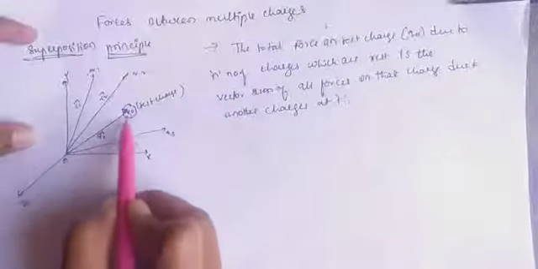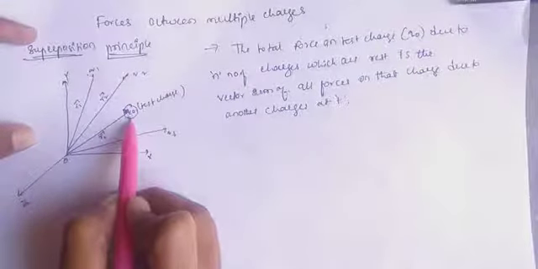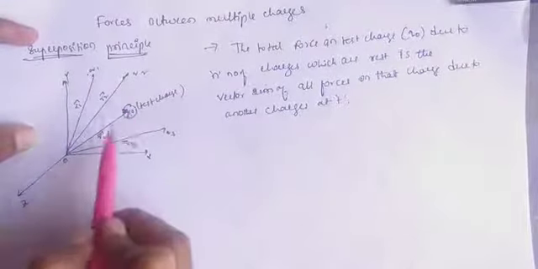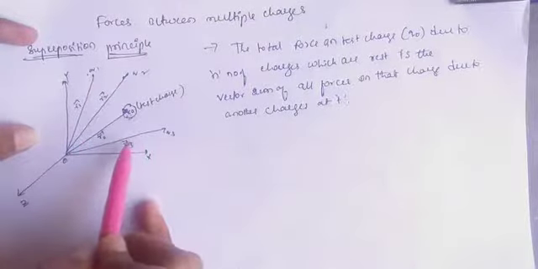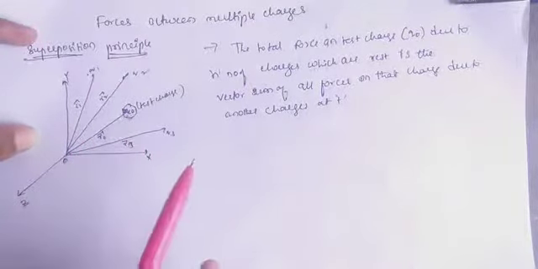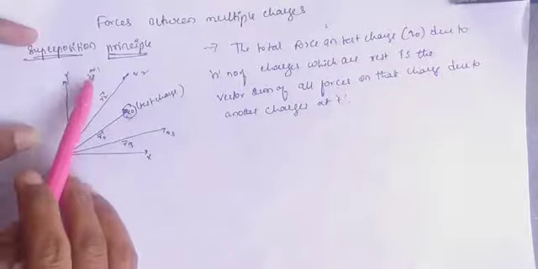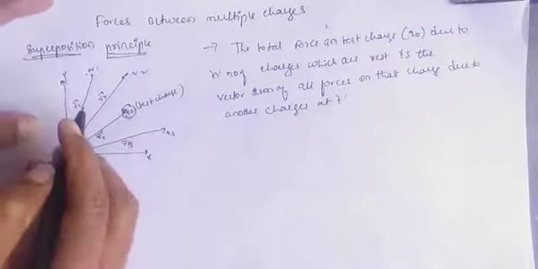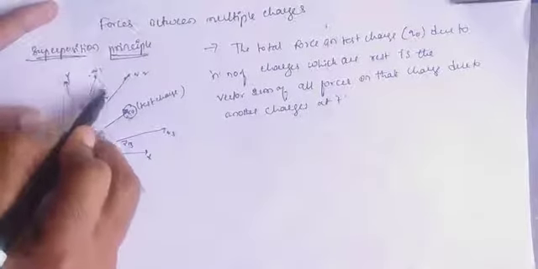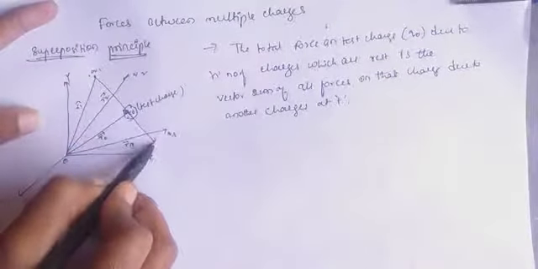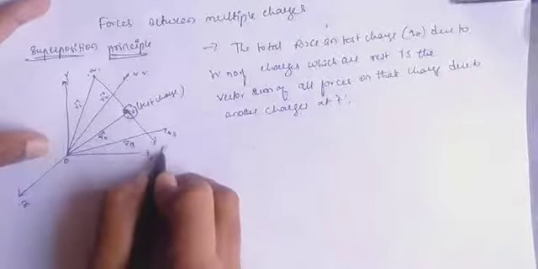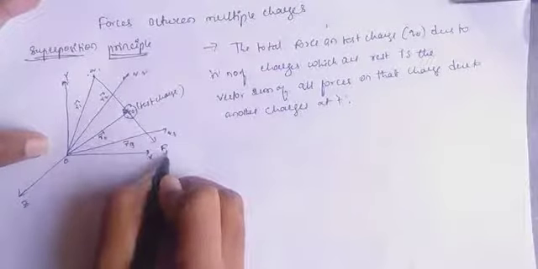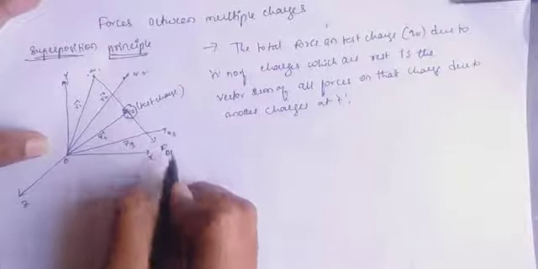To get the total force, we have to sum up all the forces which are given by the individual charges. This q1 charge applies the force, that is the f1 force. Let us consider q1 applies the force on this q0 in this direction. So this is the force on the test charge due to the first one.